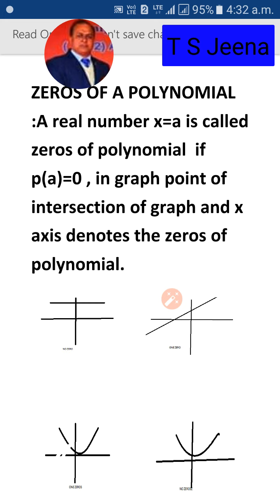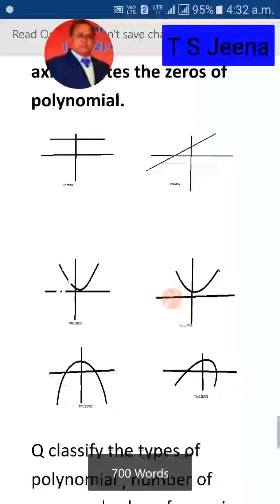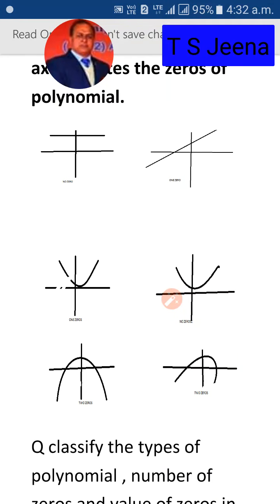If we put x equal to that particular real number and it gives 0, then it is called a zero of the polynomial. In a graph, the intersection of the polynomial and the x-axis denotes the zero of the polynomial.